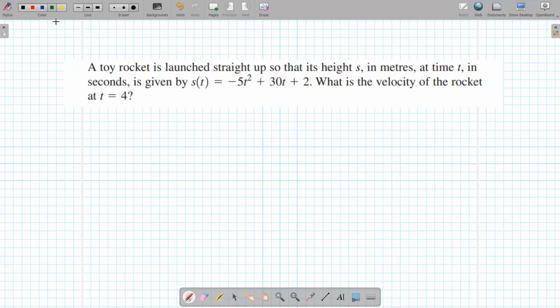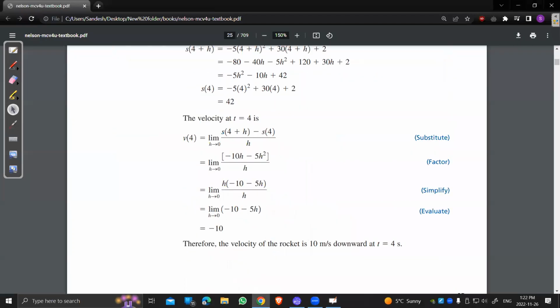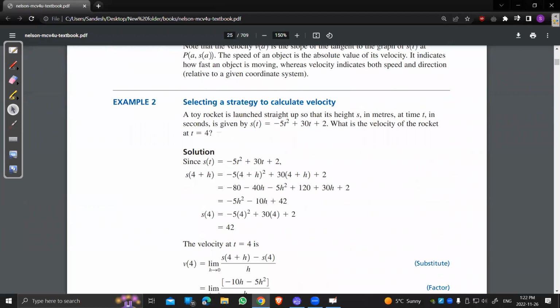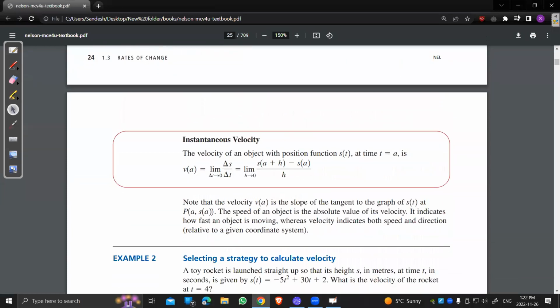The speed at exactly 4 seconds, right? So now we're not looking for the slope of a secant line. We're looking for the slope of a tangent line. How do we do that? I could show you the long way of doing it, which is how the book does it. Let's do one of these questions the long way.